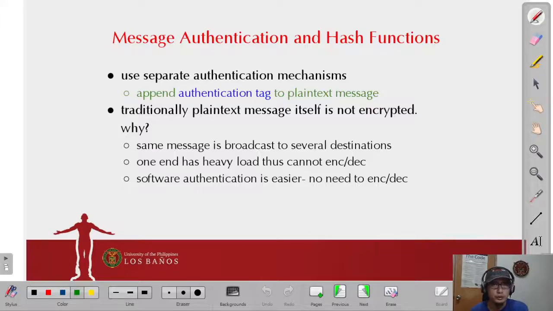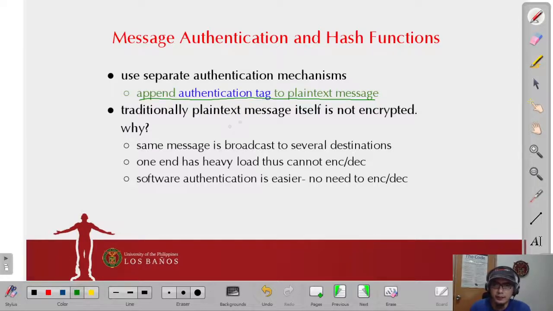Another approach is to not use encryption for authentication, and use a different mechanism instead. The way to do that is to append an authentication tag to the plain text message. We have the plain text message, then we attach a tag to this plain text message, and that is called an authentication tag.